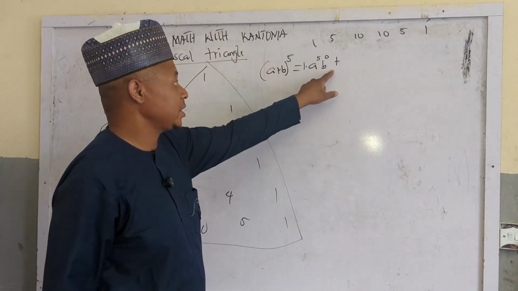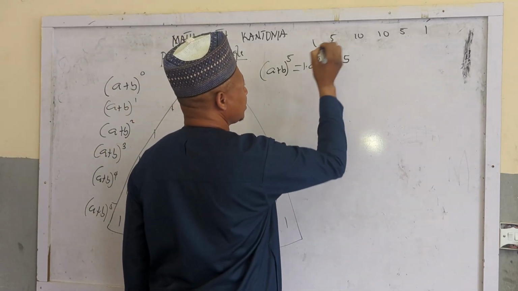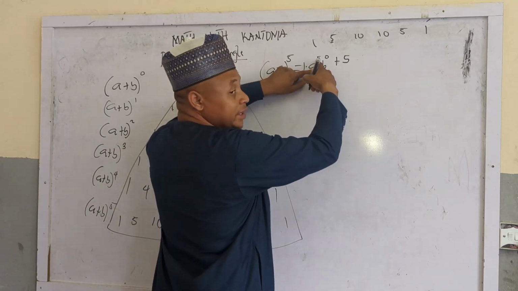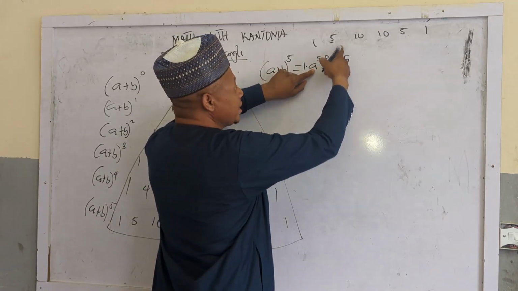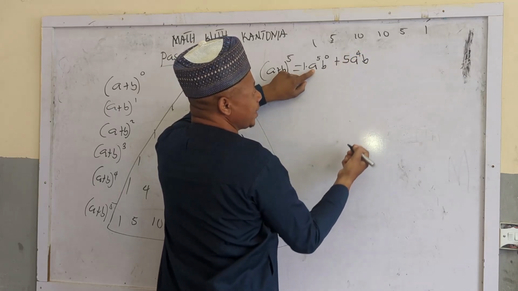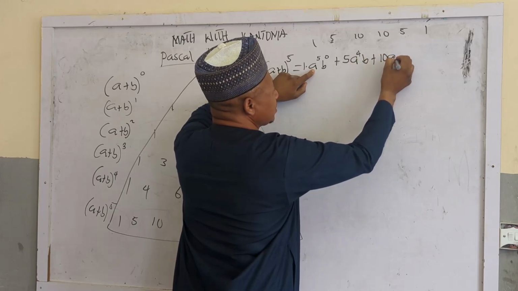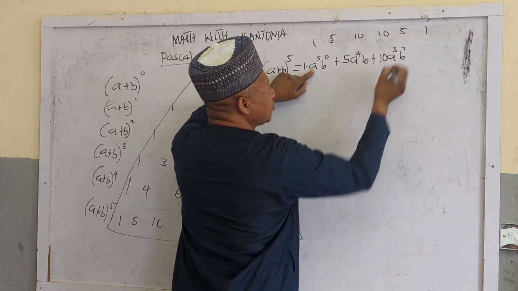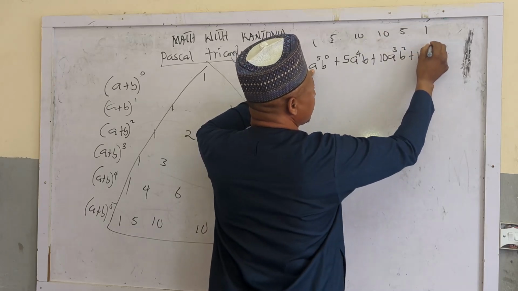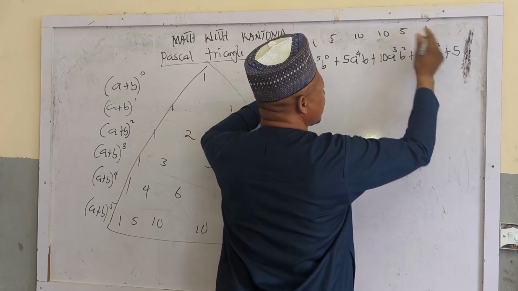I have 1 times this value, plus the next coefficient, 5, times a. Now the power of a will be decreasing, while the power of b will be increasing. So I have a raised to the power of 4, b raised to the power of 1, plus this coefficient is 10, a raised to the power of 3, b raised to the power of 2, plus the next coefficient is also 10, a raised to the power of 2, b raised to the power of 3, plus the next coefficient here is 5.